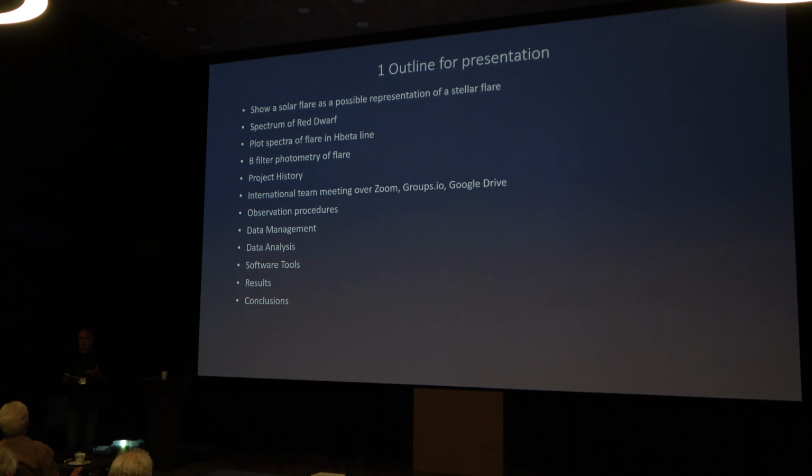So it's an example of small telescope science, American, British amateur collaboration. So far we've got about 12,000 spectra in the database, and I'll be talking to you about that as we go.